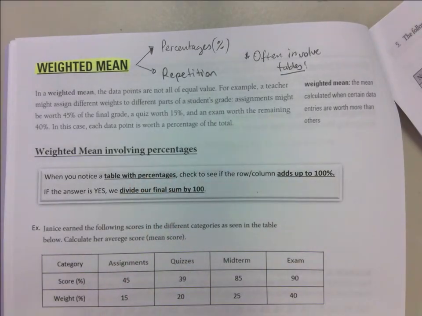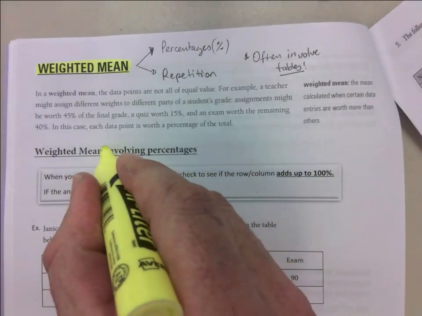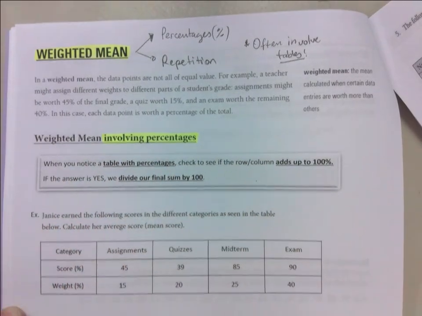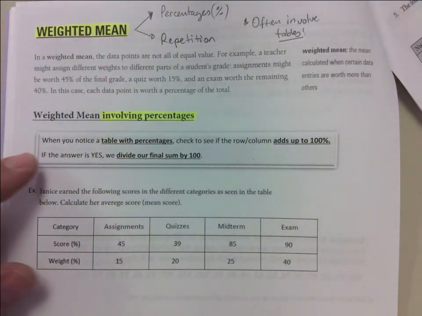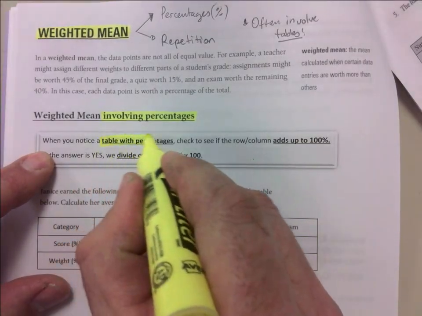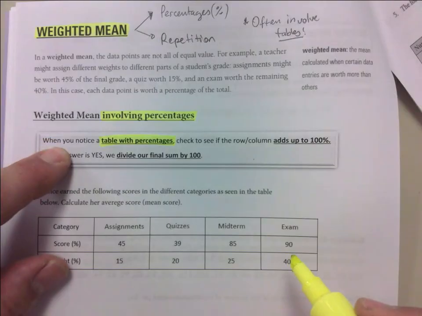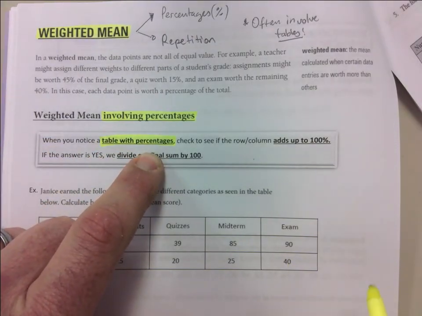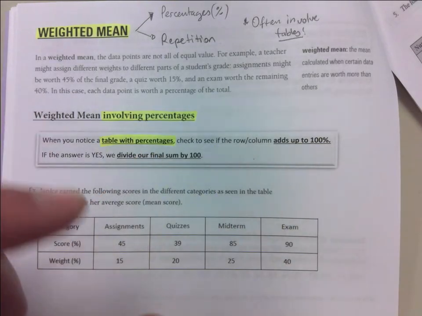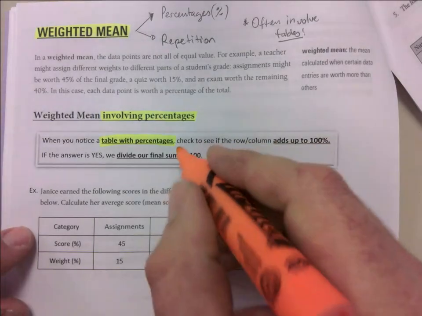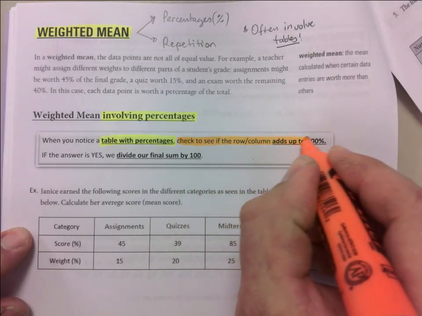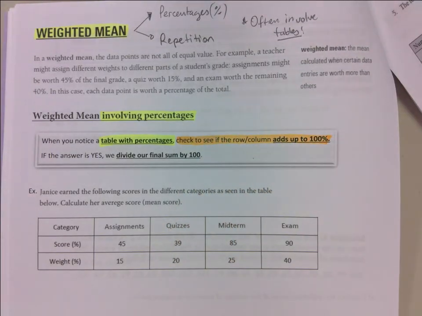So I'm going to deal with percentages today. If you are encountering a weighted mean situation and the table or the problem involves percentages, you want to check to see if a row or column adds up to 100%, because it won't always.